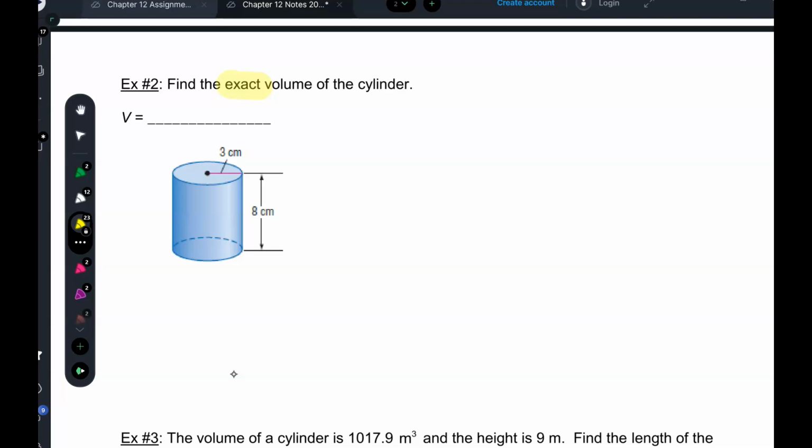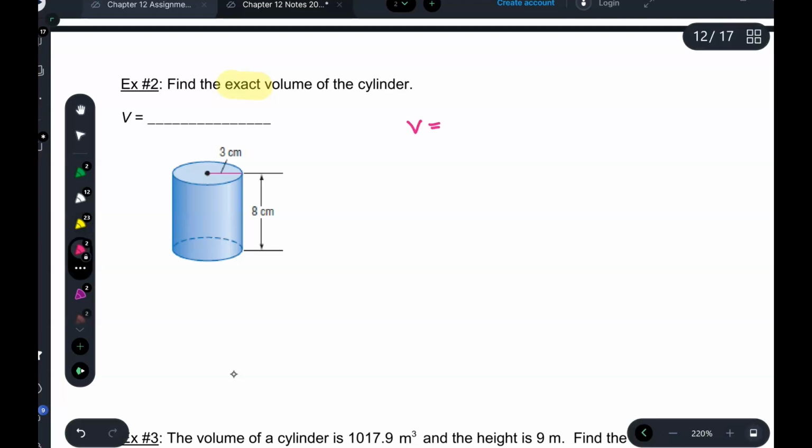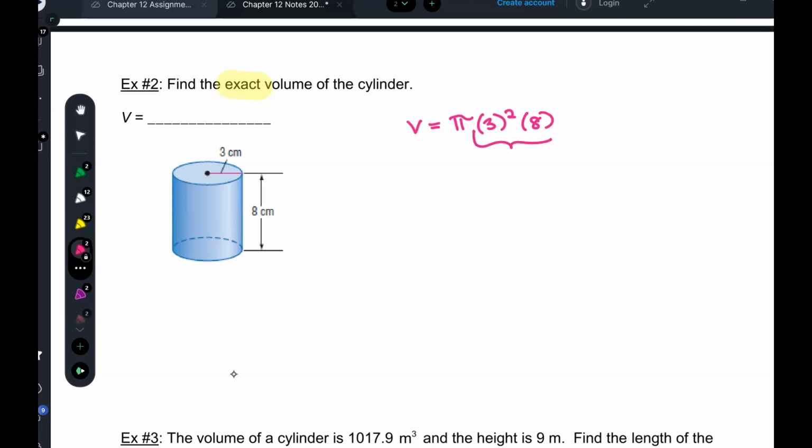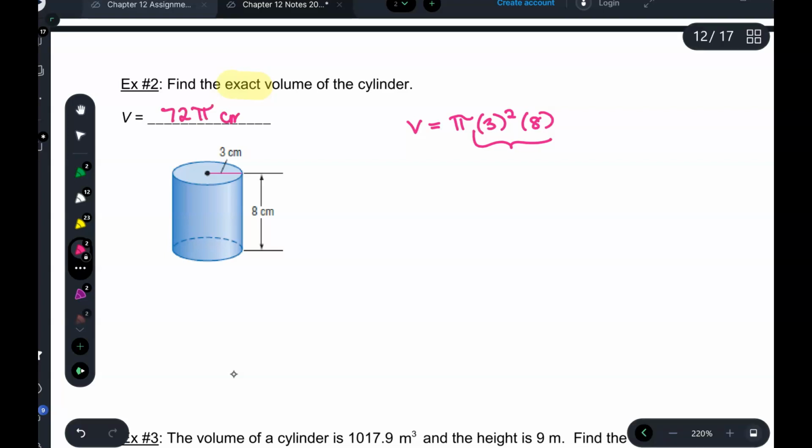Okay, so volume is pi times 3 squared times 8. We should be able to do that without a calculator. 9 times 8 is 72. So it's going to be 72 pi cubic centimeters. Good? Easy peasy.